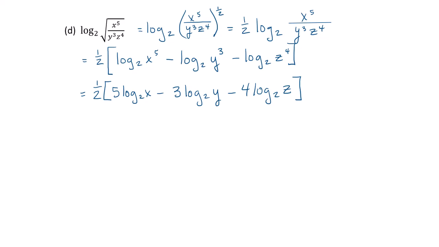And then I can go ahead and multiply this 1/2 through if I wanted to. Give it a little bit better look because we don't have square brackets left then. This would be a 5/2 log base 2 of x minus 3/2 log base 2 of y minus 2 log base 2 of z.